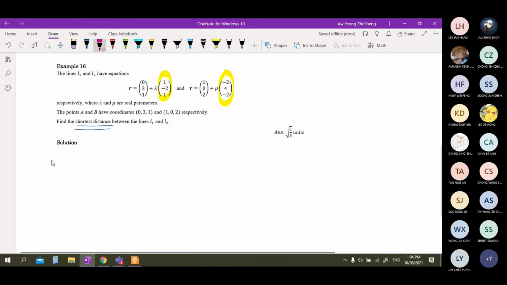So what we can say in the working is, note that (-2, 4, -2) is equal to -2 times (1, -2, 1). So the direction vector of L2 is parallel to the direction vector of L1.